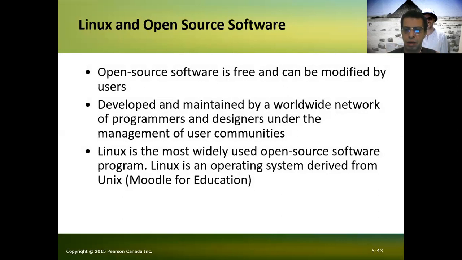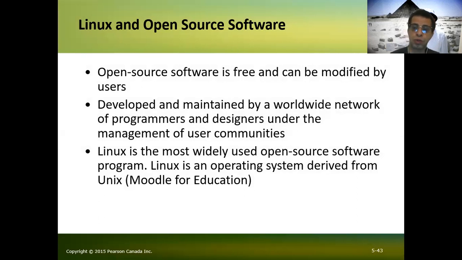The earliest application that used open source software is Linux, and open source software is free and can be modified by the users. These days, lots of universities utilize Moodle, developed in Australia for education.